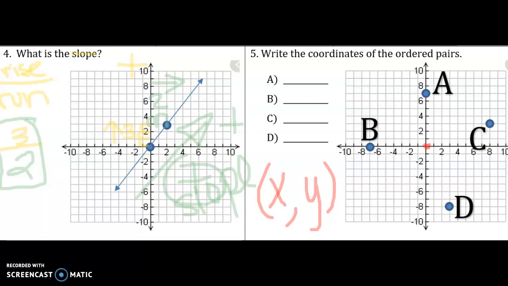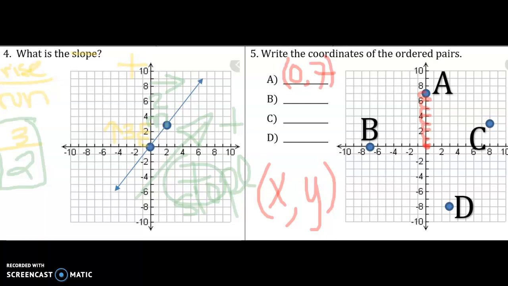Am I going to travel left or right? You should notice that I don't need to travel left or right because I'm right below the point. So your X value is going to be 0 because you don't need to travel anywhere. To get to A, we just need to go 1, 2, 3, 4, 5, 6, 7. So your ordered pair for A is 0, 7.